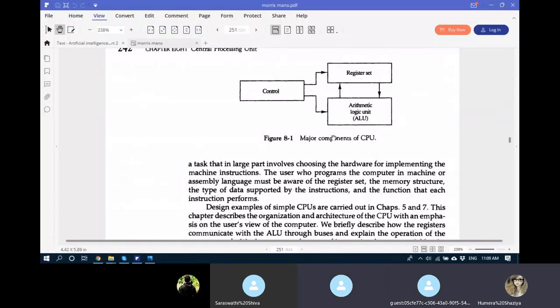So this is the figure of CPU, which has control unit, register set, and arithmetic and logic unit. So these three components of CPU are connected. All the three are connected. What does CU do?